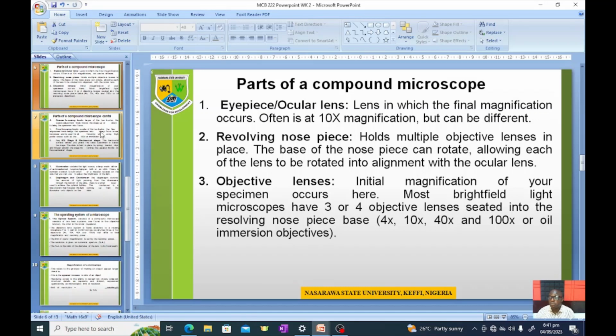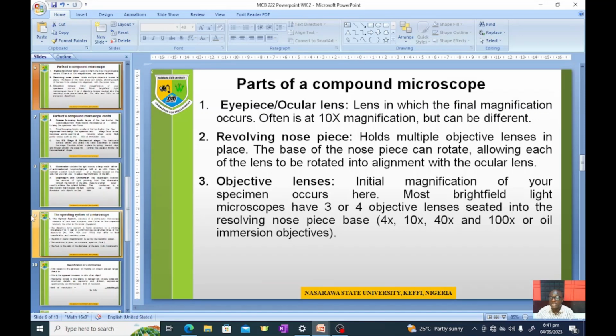Now, most bright field light microscopes have 3 or 4 objective lenses seated into the revolving nose piece base. It could be 4 times, 10 times, 40 times, and 100 times, or oil immersion objectives, depending on the type of sample you are going to examine.